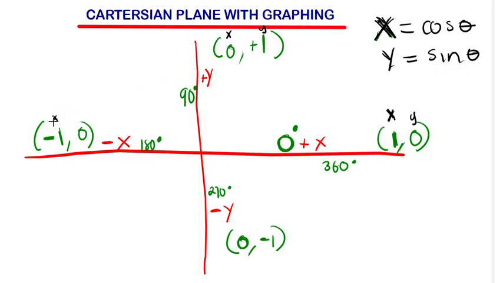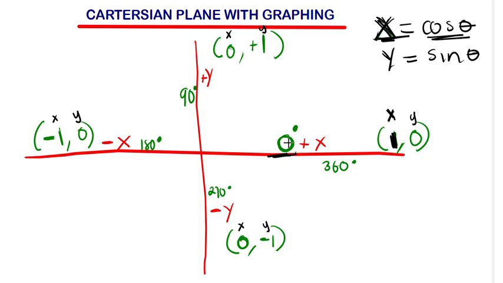Then at 180, my x-axis is negative 1, then my y-axis is 0. Then at 270, my x-axis is 0, then my y-axis is negative 1. Now, cos is in the x-axis. So if I say cos 0, what is the answer? It is 1. I hope you're getting that part.